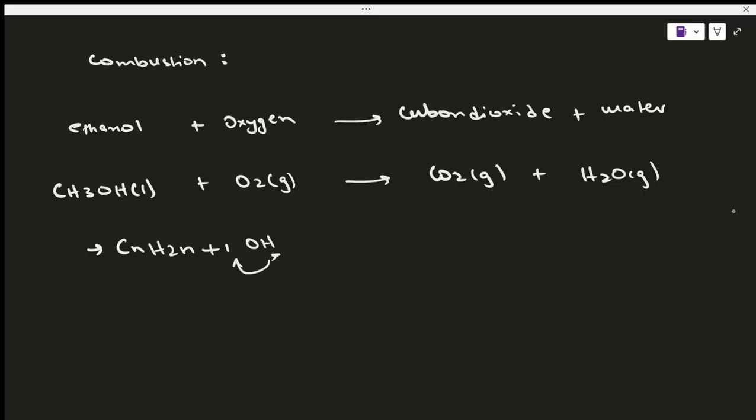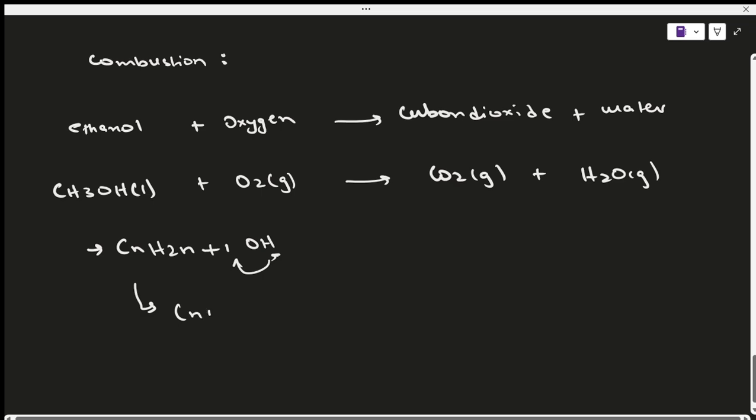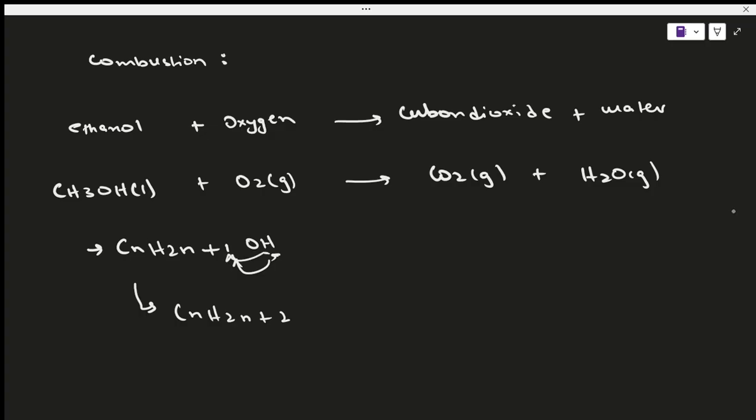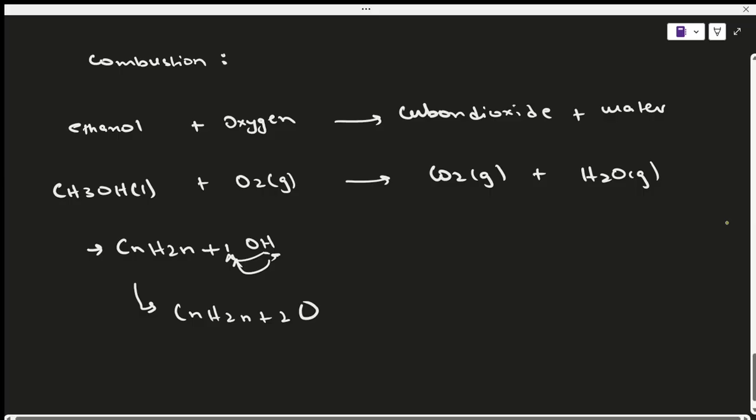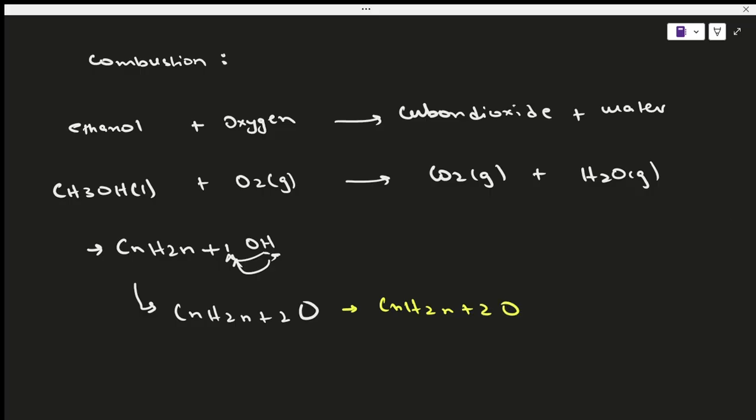So I can write the same general formula in this format as well: CnH2n+2O. What I did was add the hydrogen at the other place to make the formula look a bit cleaner, because this will now help us in balancing out the equation.